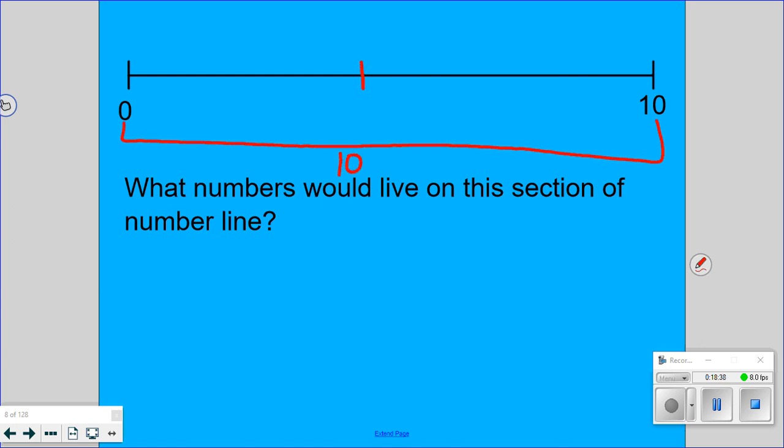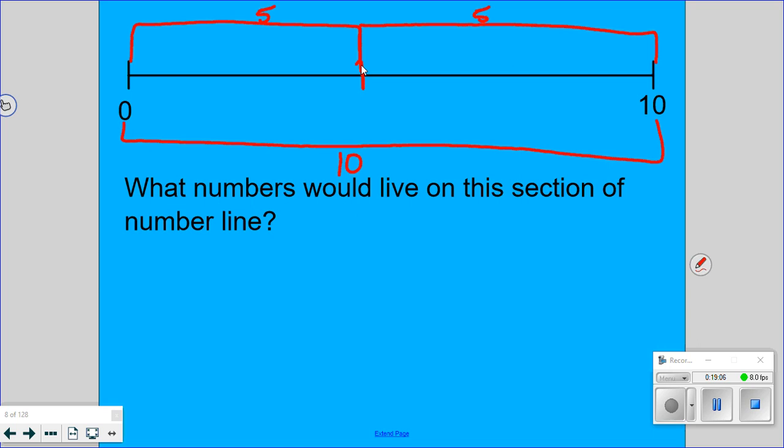If I split that in half, how many numbers are on each side? Huxley? 5.